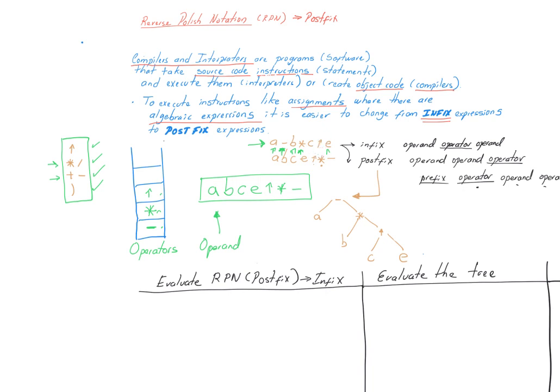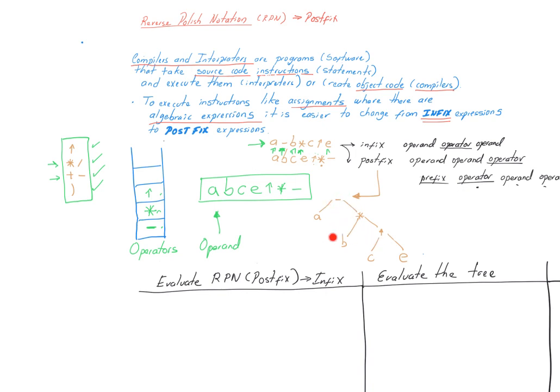This operation is the highest precedence, so that should be the leaves. And then the second one is this, so that should be the other node, and then we have B, and on the other side we have the result of this operation, and the least precedence is the minus, and that's what we have here. That should be the root. So in these trees, the root should be the lowest precedence and the last one that is going to be evaluated.